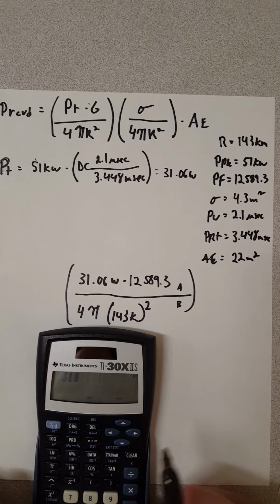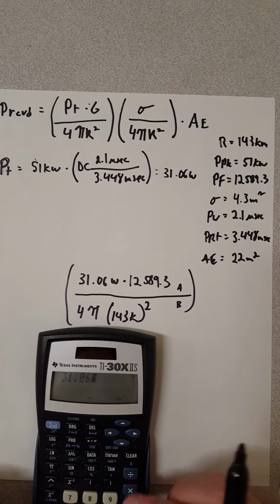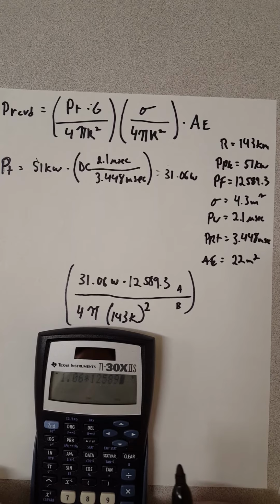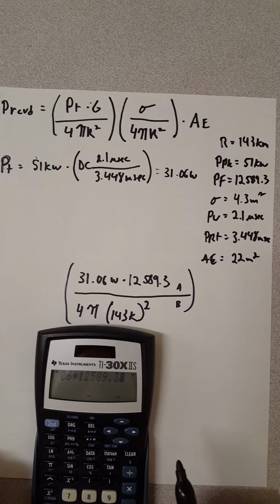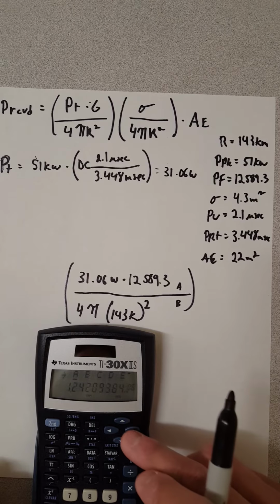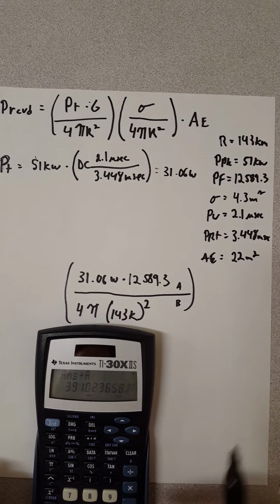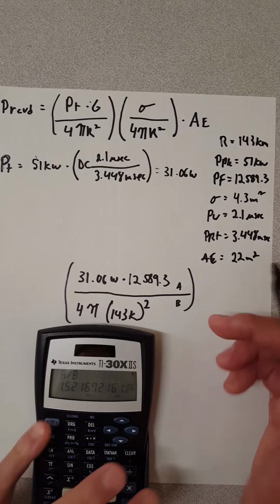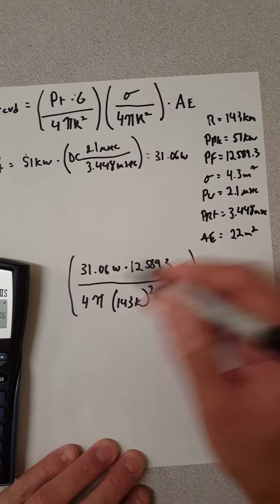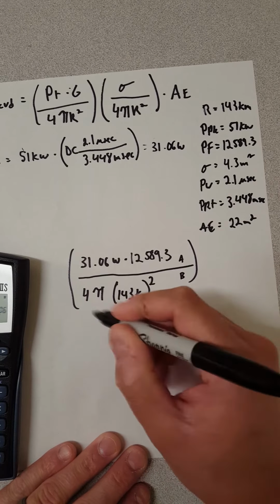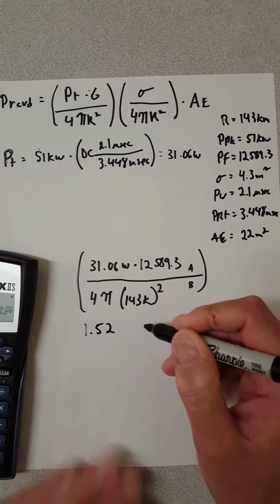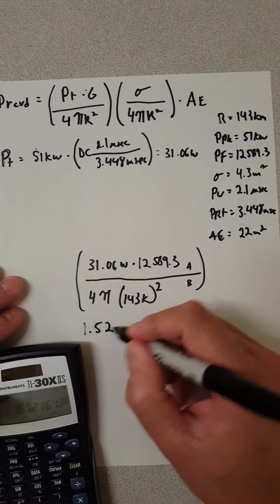I'll do the top, 31.06 times 12,589.3 equals, store that as my A. And now I'll go A divided by B. And we get, for this first part of the equation, 1.52 micro.